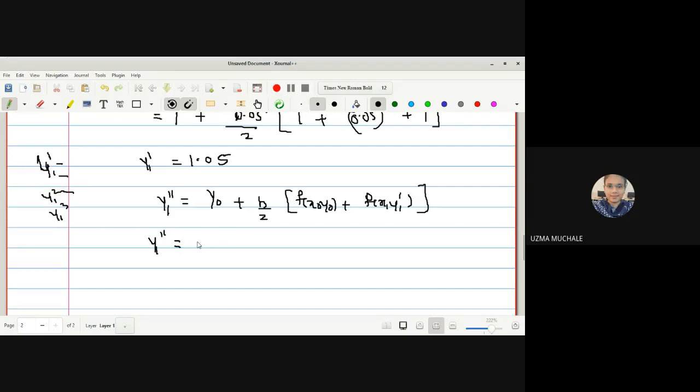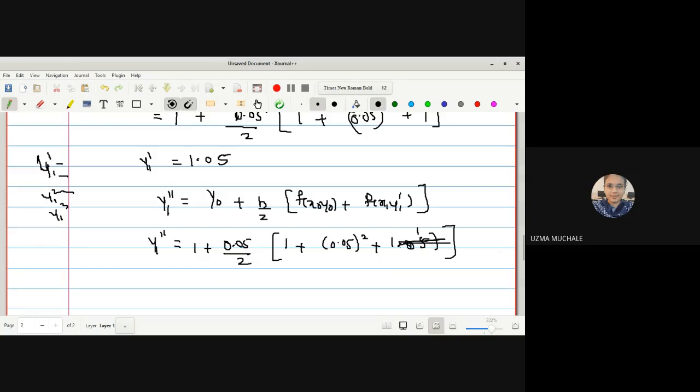It is equal to y naught, 1, plus 0.05 divided by 2 times f of x naught y naught, which is simply 1, plus the value of f of x1 y1 raised to 1, which is 0.05 square plus 1. After solving this, what answer do you get?